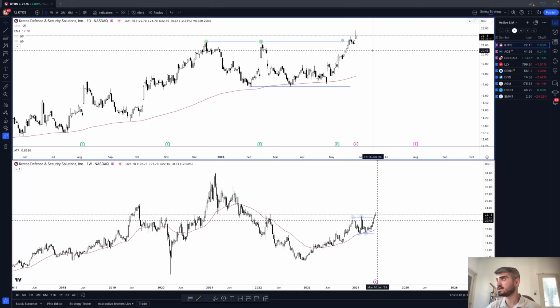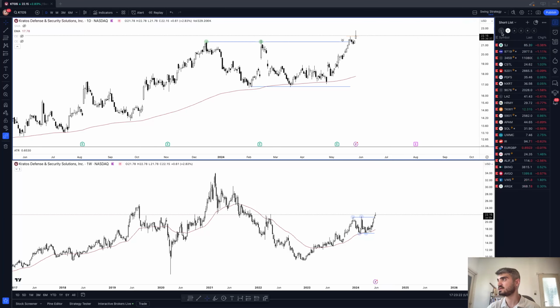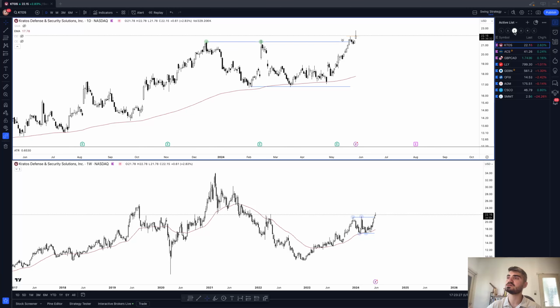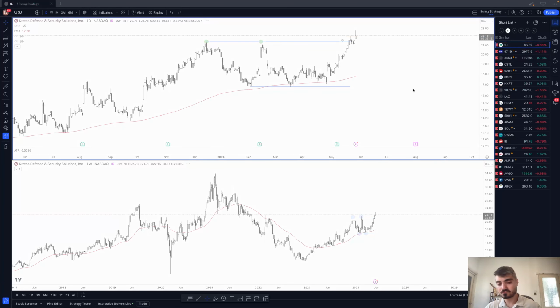And I'll say another thing: most and almost all of the setups that I have in the long, short, and active list are, in a sense, answering some of my criteria. Once I get a setup to the active list, I want to choose those that are answering most of the setup criteria and have good context to them. So let's start off.